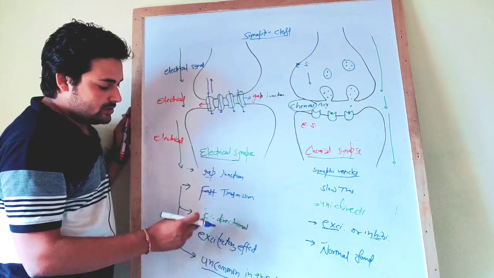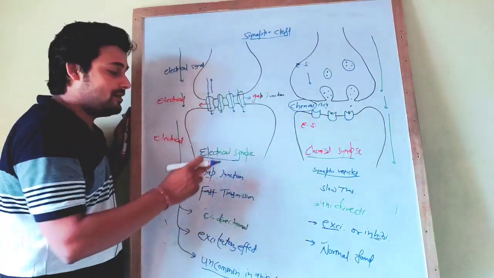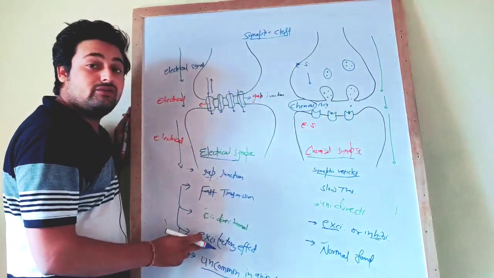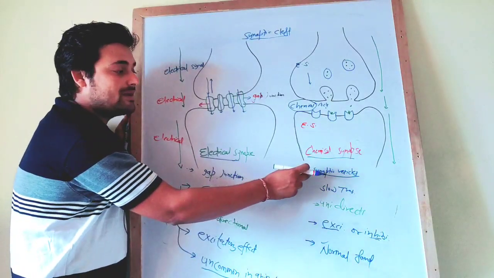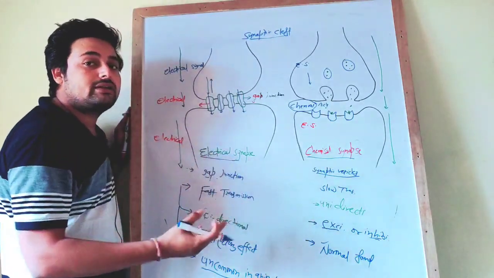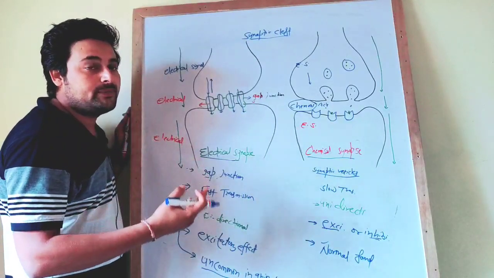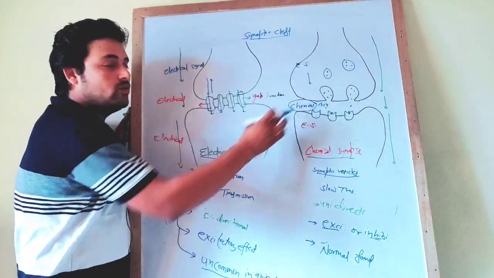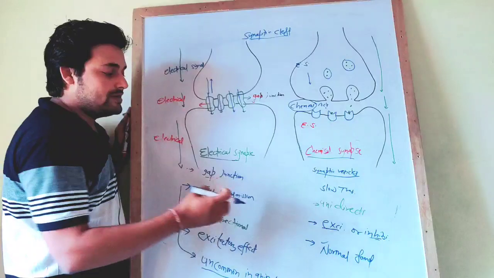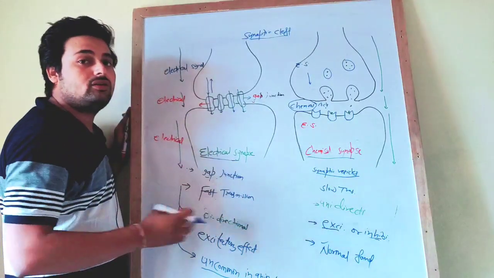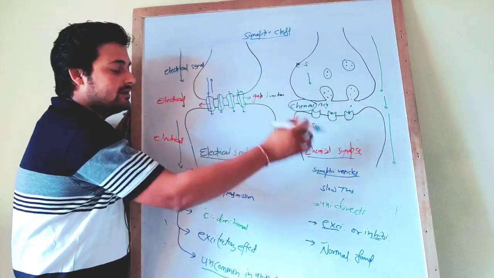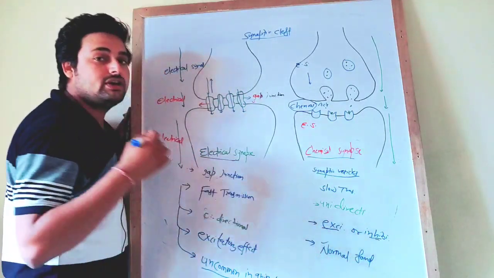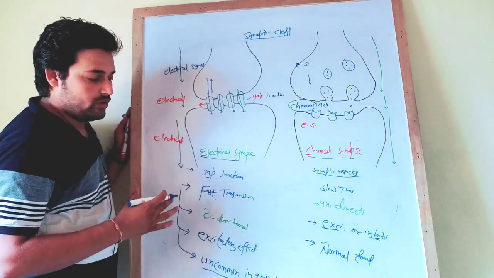Electrical transmission has only one effect, that is the excitatory effect, while your chemical transmission has both effects, excitatory or inhibitory. If acetylcholine is secreted, then it shows the excitatory effect, or if any other inhibitory chemical is secreted, then the inhibitory effect will occur.